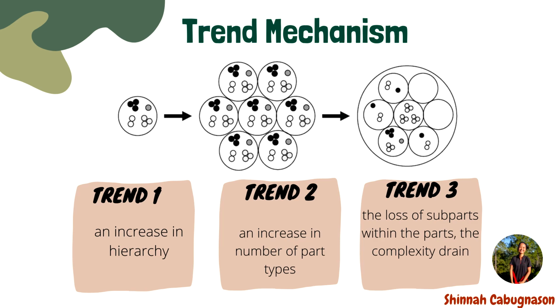Finally, notice that the free-living lower-level entity on the left has 4 subpart types, the groups of tiny circles within it, with the 4 types distinguished by the 4 shades of gray. On the right, each of the 7 parts of the higher-level entity has fewer. So the third trend is the loss of subparts within the parts, and it is then called the complexity drain.